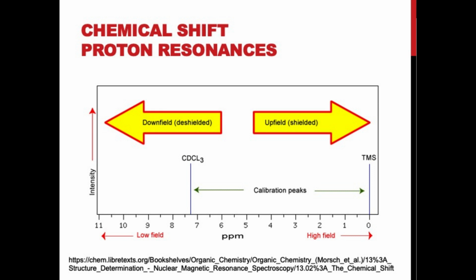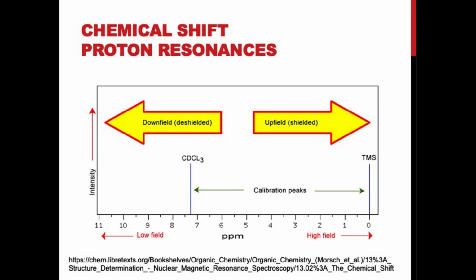Sometimes you will use TMS, tetramethylsilane, as an internal standard, and its resonance is at 0. So you can say, I got a chemical shift of 3 for this signal, and that is relative to TMS being at 0.